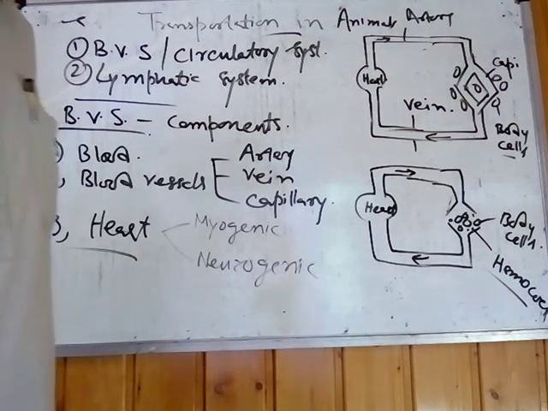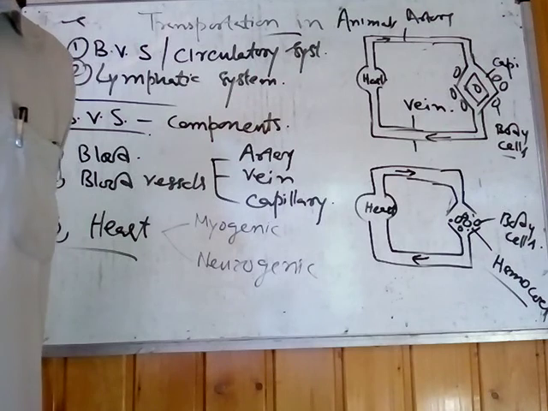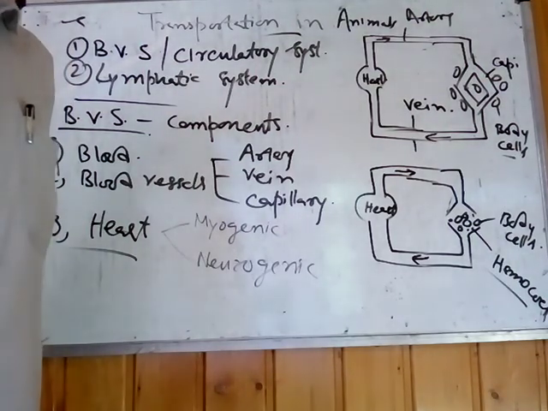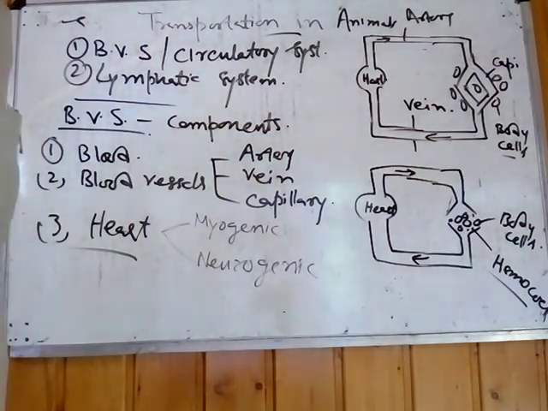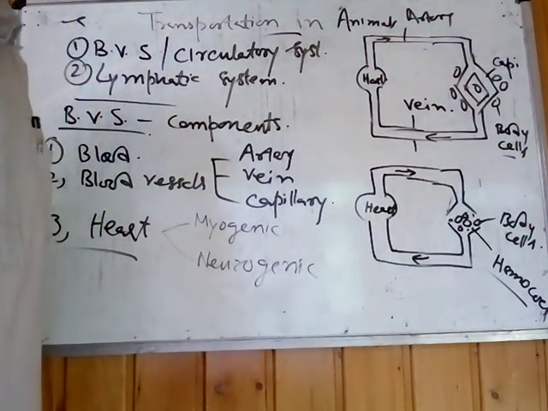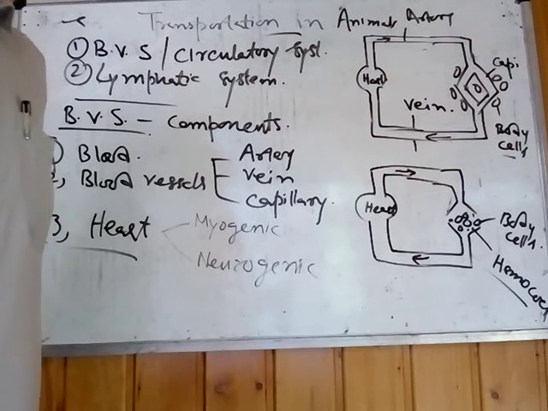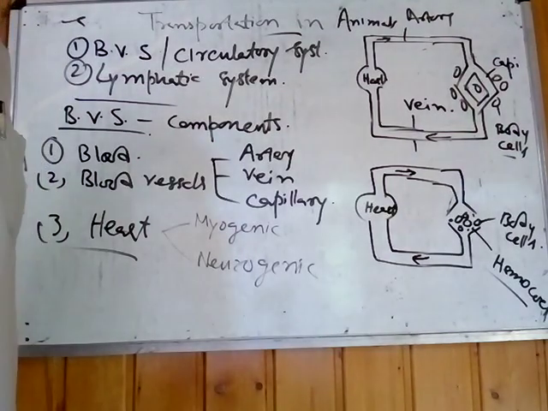And in previous classes, we have discussed nutrition and respiration. In nutrition, there is excess of nutrients inside the cells of small intestine after the process of absorption, while there is excess of oxygen in alveoli after inspiration.